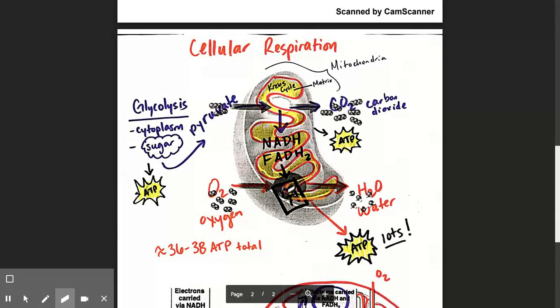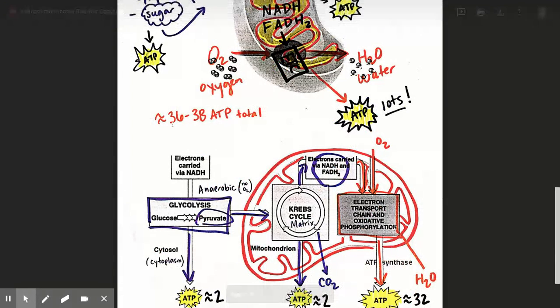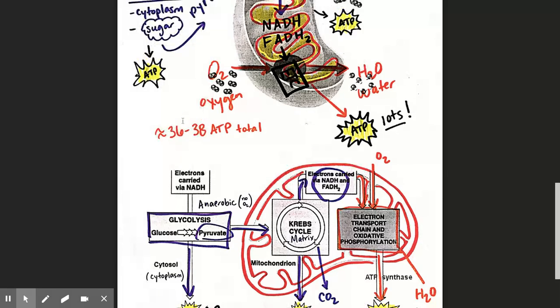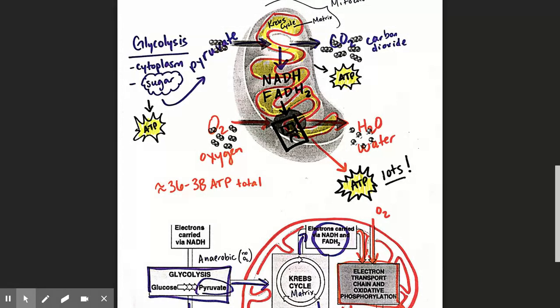All right. And hopefully you're following along with the note sheet that I provided. That'd be awesome. So at the end of all this, we've got approximately 36 to 38 ATP total, the most amount of ATP coming from our electron transport chain.